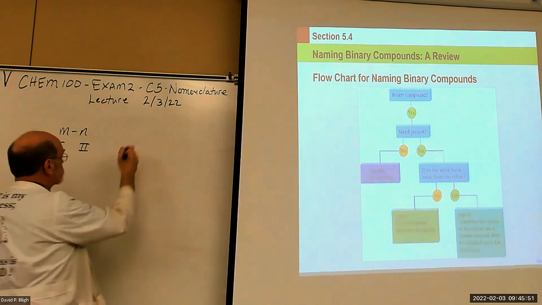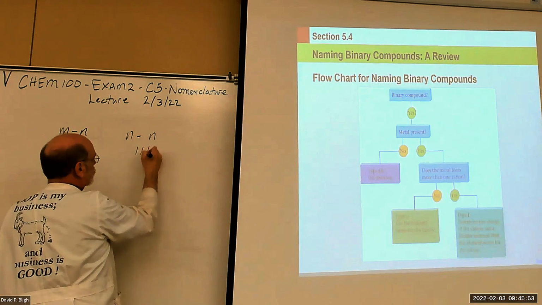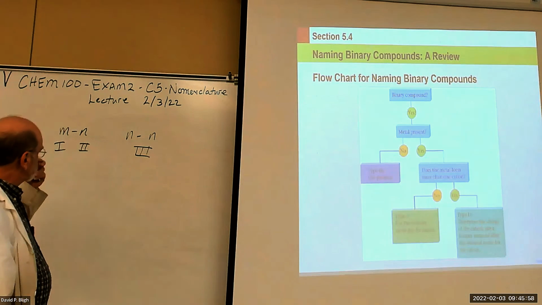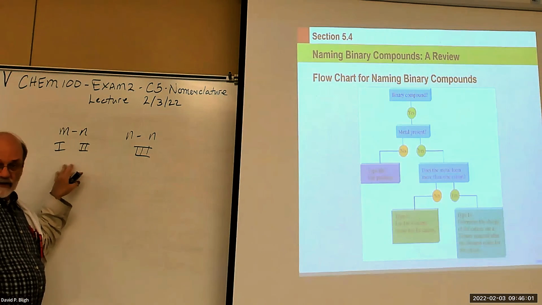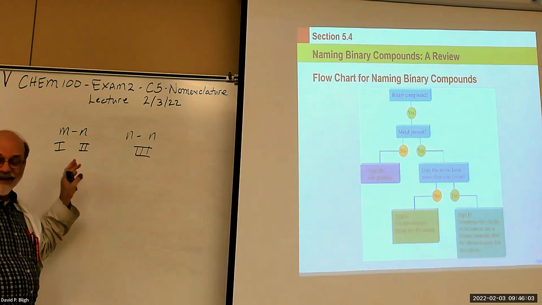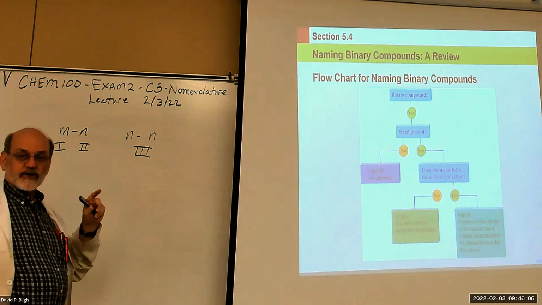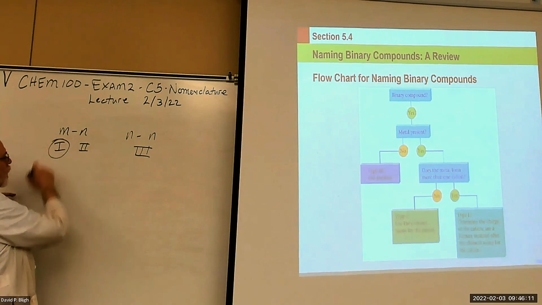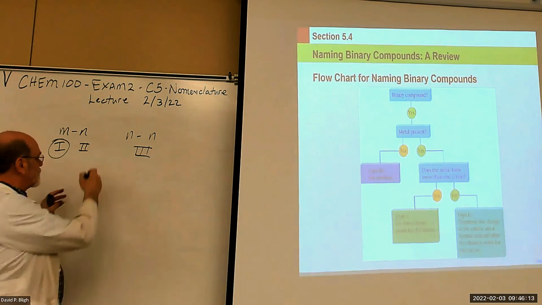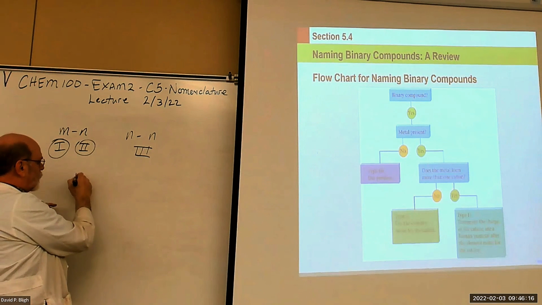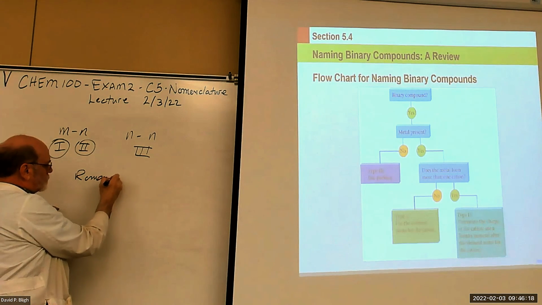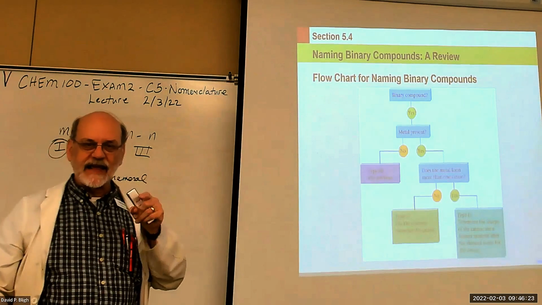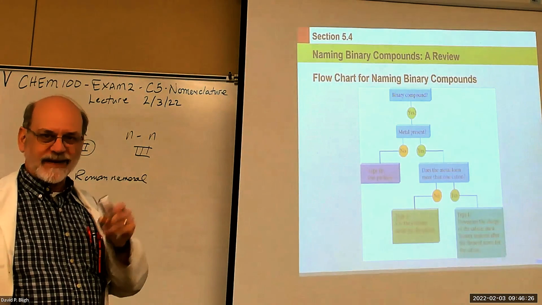If it's two nonmetals, it's a type 3, and you just name it. If it's a metal and nonmetal and you have to make a choice, what's the deciding factor? Possible charges on the metal. If it's a single possible charge, it's type 1. If it's multiple charges, it's type 2, and you use Roman numerals to say in the name what the charge on the metal is.